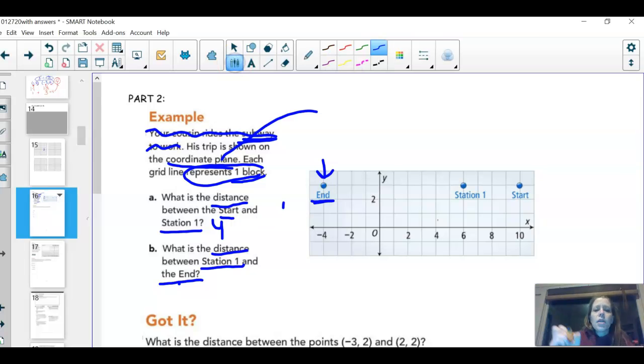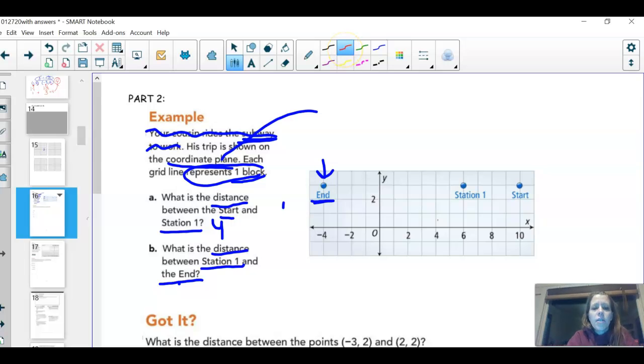Tú necesitas pensar sobre qué es la distancia y necesitas escribir tu respuesta en la caja. Go ahead and figure it out, and then put your answer in, and then continue. Okay, necesitas decidir tu respuesta, necesitas escribirlo, y entonces tú necesitas continuar.